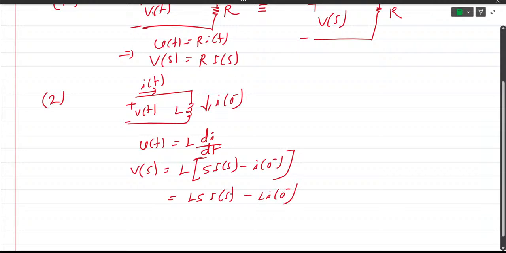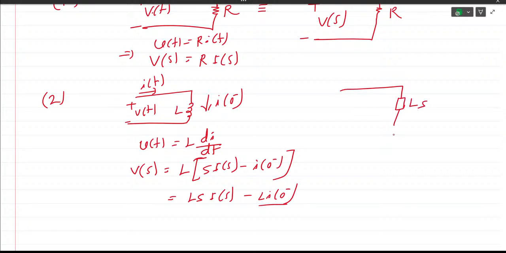So you can see that this is the voltage transform of the initial current through the inductor. Equivalently you can write a box which is Ls, then you see the polarity of the L I0 minus, and this is your V(s) and this is your I(s).